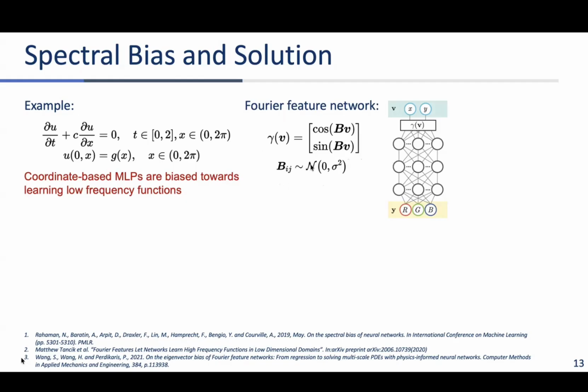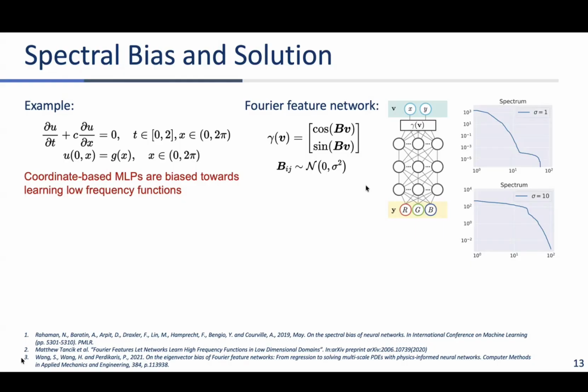Then once we have this embedded feature, we just pass it through a standard feedforward neural network. What's interesting is that we can improve the eigenvalue distribution of the NTK matrix by tuning this hyperparameter sigma. As you can see on the right, if we increase sigma from 1 to 10, we get a much more flattened eigenvalue distribution. This indicates that the issue of spectral bias is mitigated to some extent.